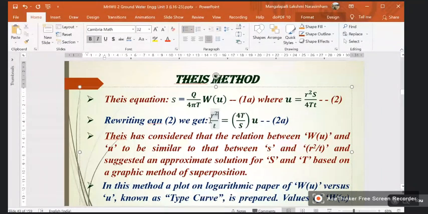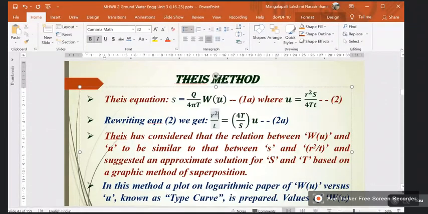And the values of u and W(u) are obtained from the type curve mentioned in point 1. All these four values refer to a single point, which is a convenient single point selected on both of the sheets when put together.